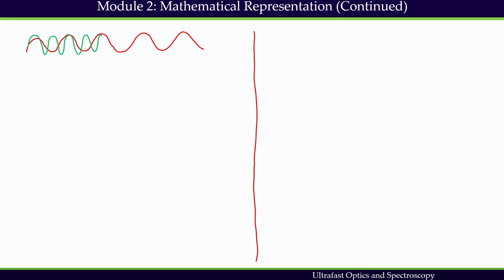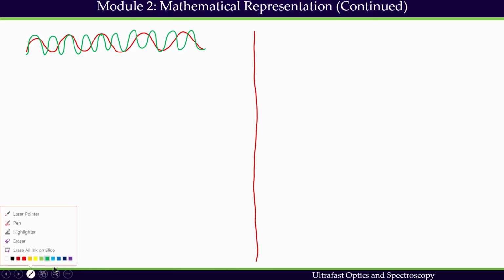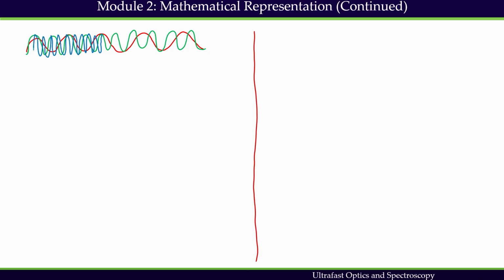So, we are drawing two plane waves. They are interfering with each other. We will select one more color, one more frequency component.